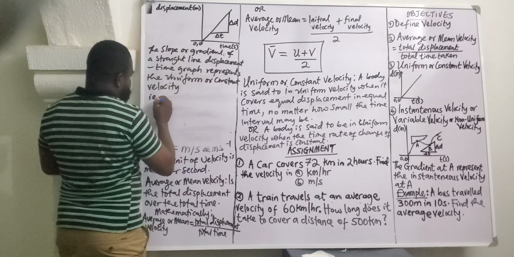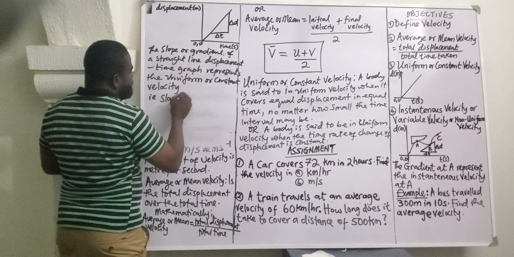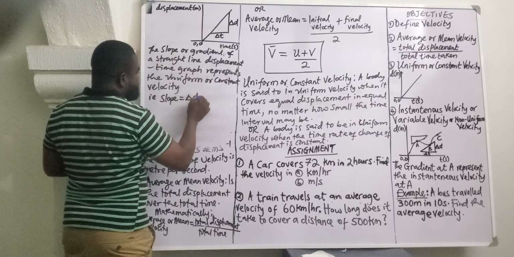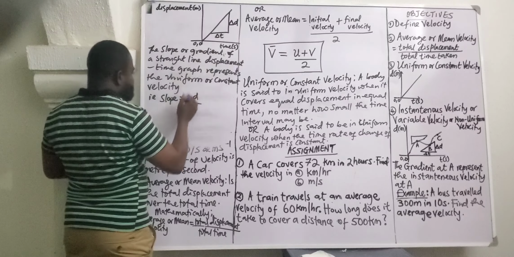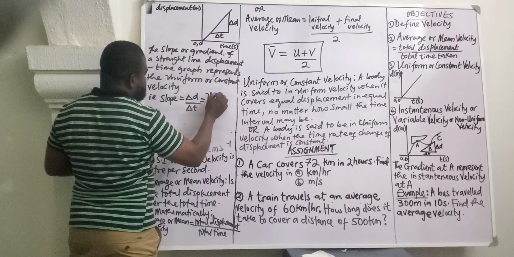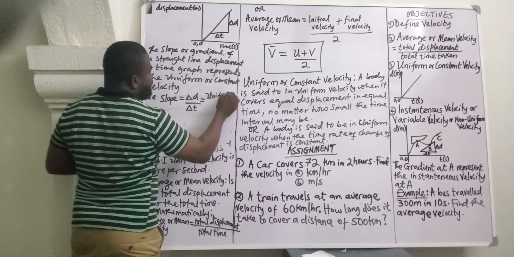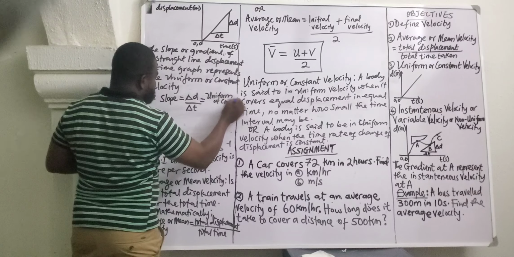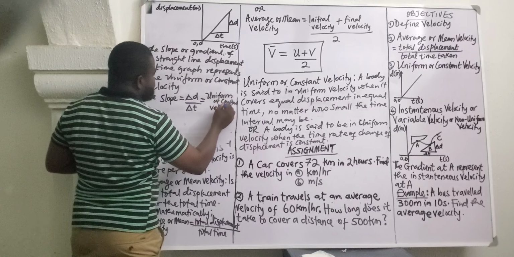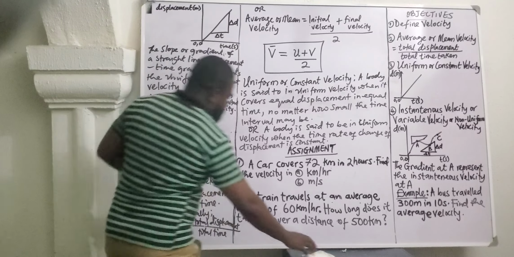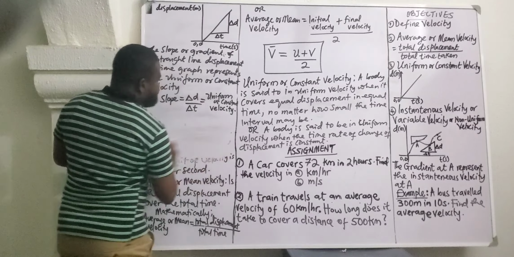So I'm saying that is slope or gradient, which is the change in the displacement axis divided by the change in the time axis. Here it will represent what? Uniform or constant velocity. That is the point I'm establishing here. So take note of it. Those are common questions you are asked in exams.